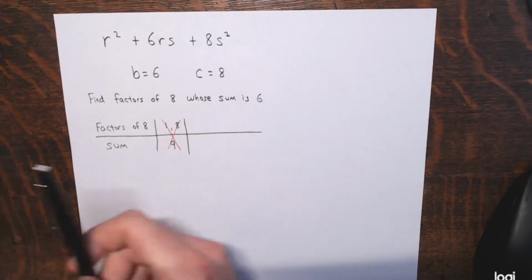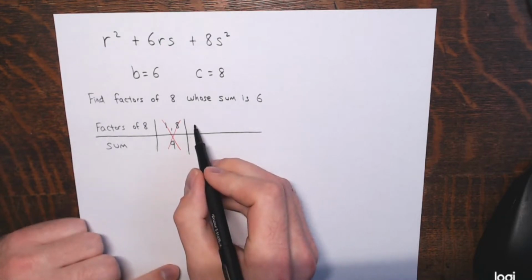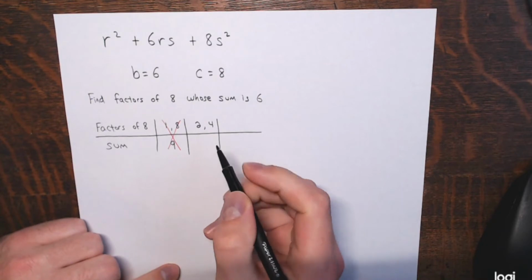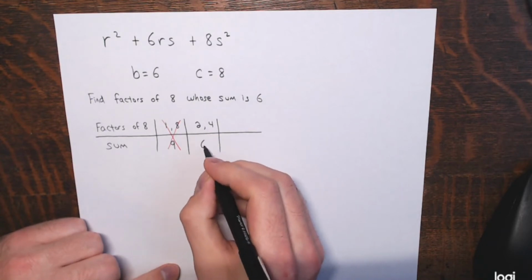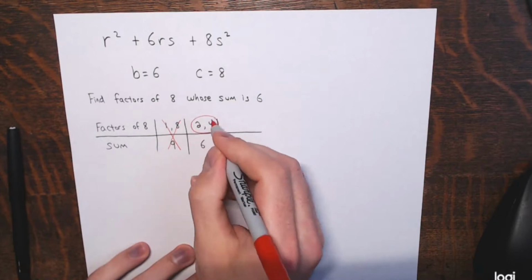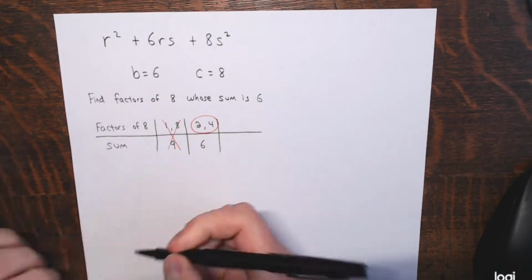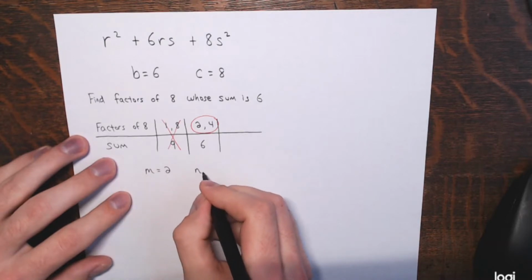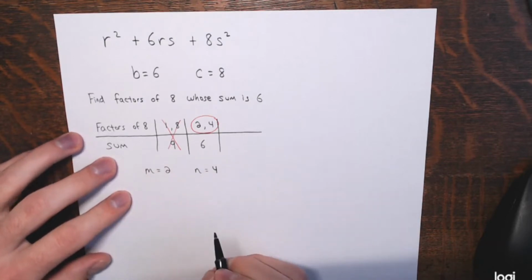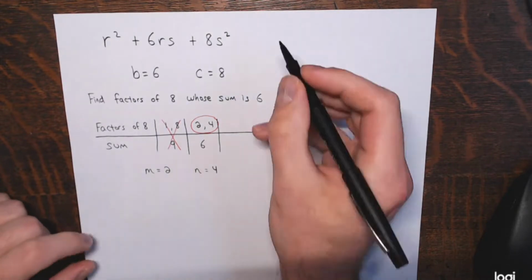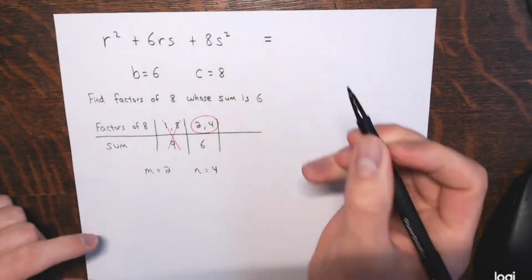Then kind of moving up, 2 goes into 8. 2 times 4 is 8, and aha, there it is. 2 plus 4 is 6. So these are the two numbers that I want to use, 2 and 4. If you want to call them m and n like I did earlier, m is 2, n is 4, go ahead, but I'm going to stop doing that after this. But once you find those factors, factoring the polynomial is going to be simple.